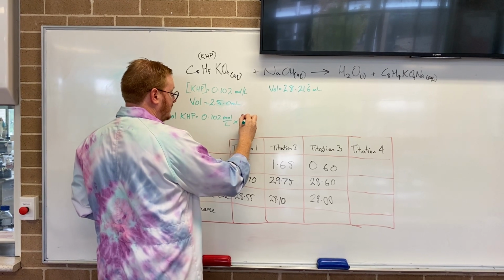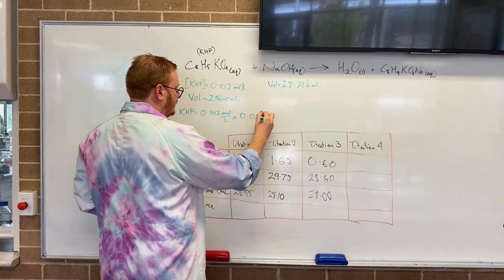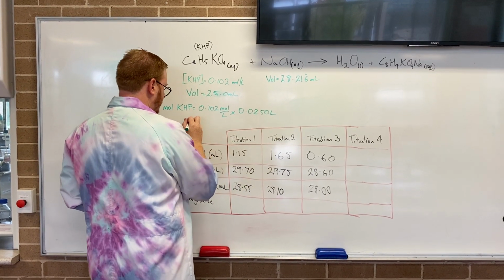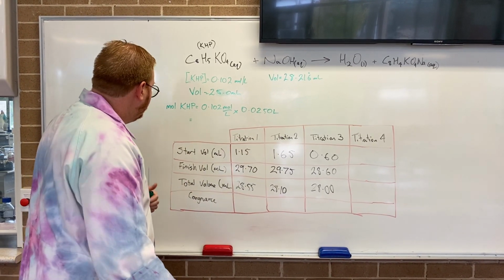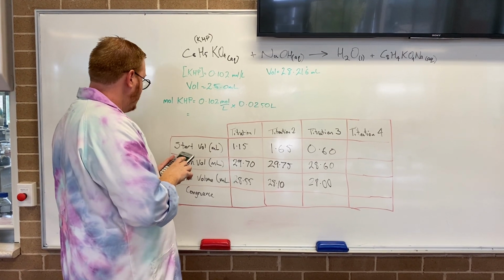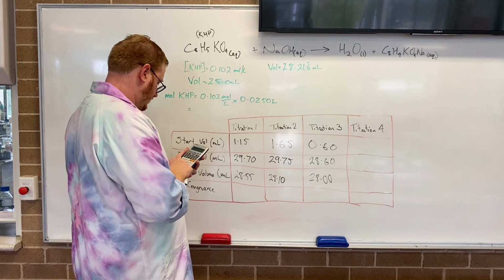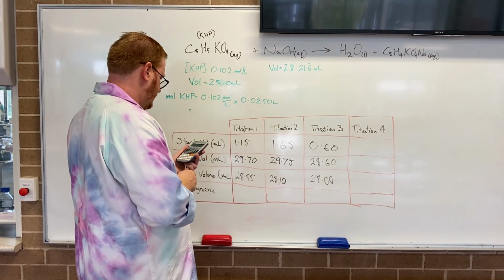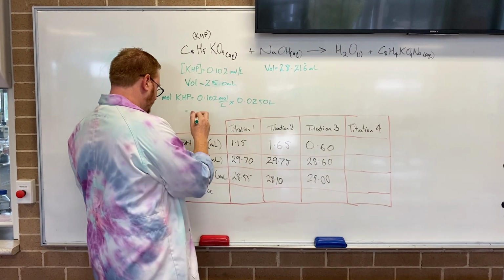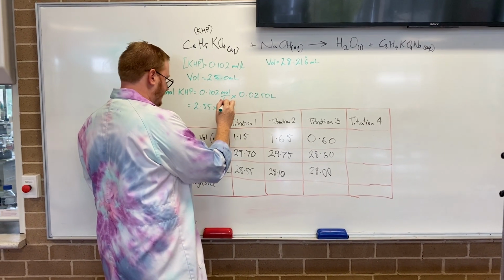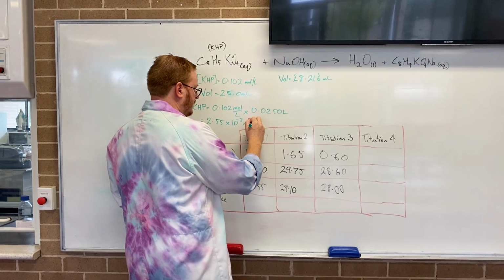So this needs to be changed into litres, 0.0250. Don't drop the significant figure there. Put it in my calculator and I'll know how many moles of KHP we had. 2.55 times 10 to the negative 3 moles.